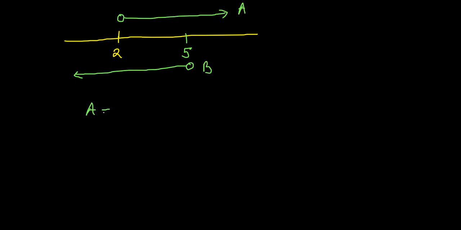If you look at the one on top, set A, if you want to write it as a set interval, you look at where the set is starting. What is the smallest number? The smallest number here is 2. And which one is the biggest?